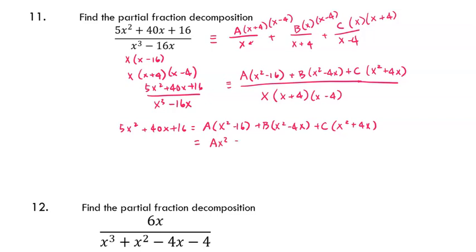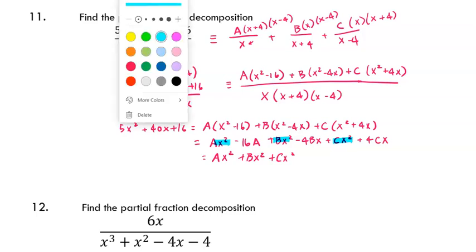Ax squared minus 16A plus Bx squared minus 4Bx plus Cx squared plus 4Cx. Gather up all of the x squareds. Ba-bam, ba-bam. Ax squared plus Bx squared plus Cx squared. Gather up the x's.